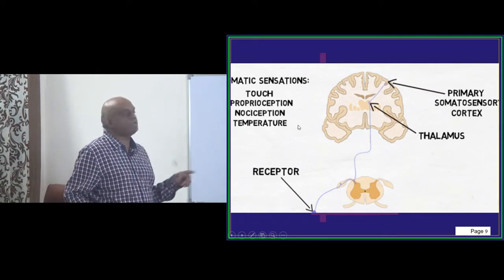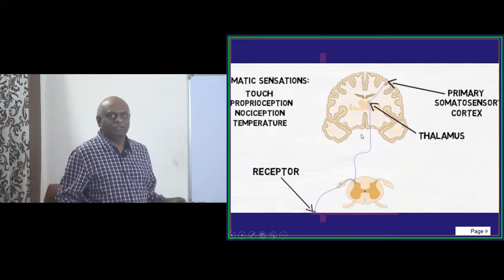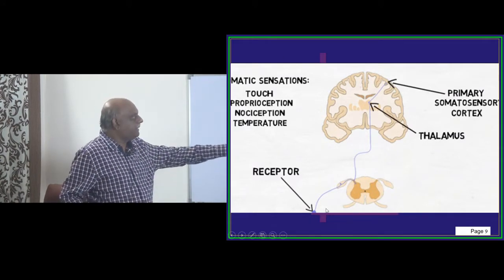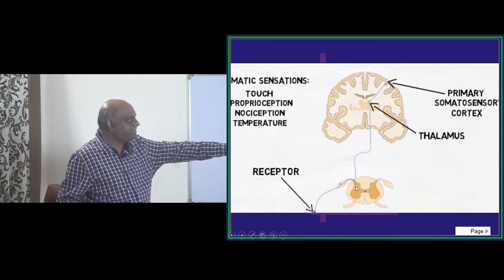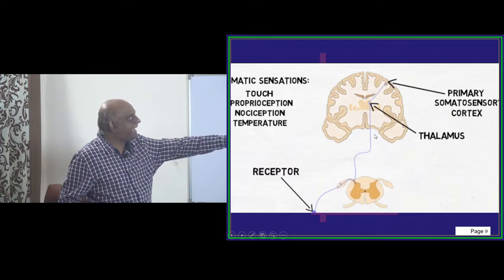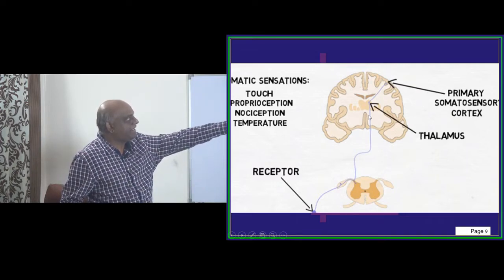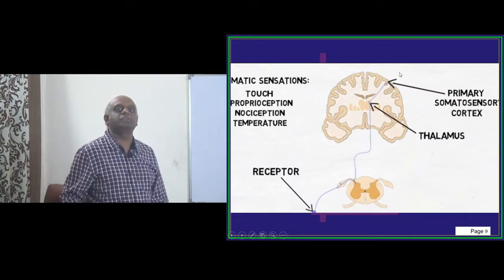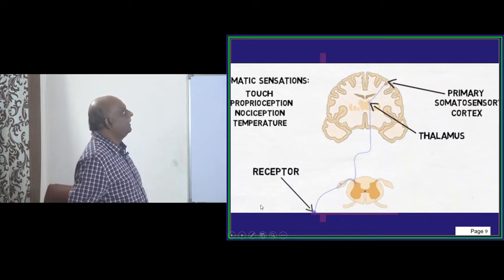So the touch, proprioception, nociception, temperature, they're all the somatic sensations. From the receptors in the periphery, they reach the spinal cord, and the anterolateral spinothalamic tract carries them all the way to reach the thalamus. From the thalamus, they reach the primary somatosensory cortex, is what you have to remember.